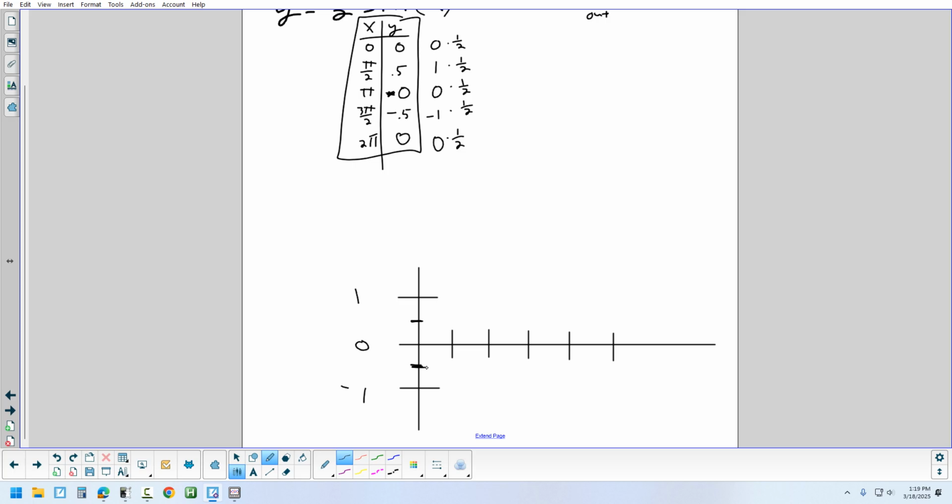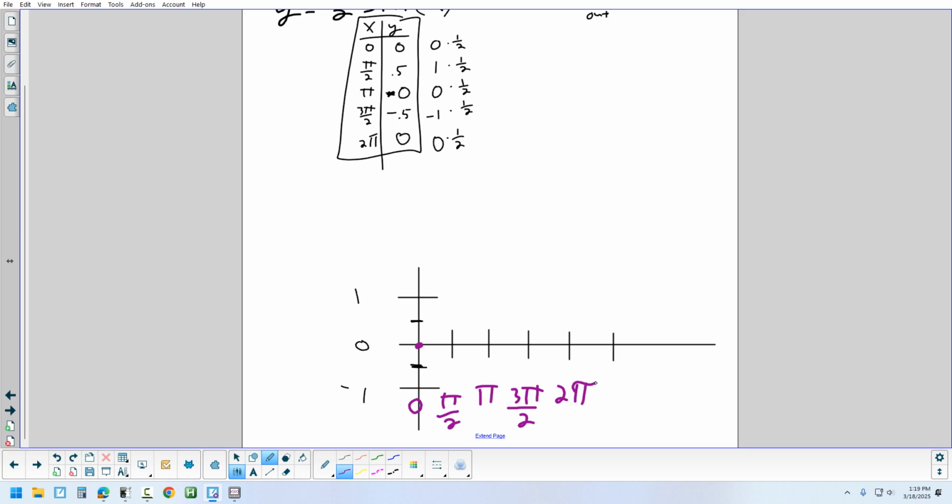Okay, so where is my first point? 0, 0. And then these I need labeled. Yes. If you don't label them, what do your tick marks always go by? 1. Right. This would be 0, 1, 2, 3, 4, 5. And we're not going by ones on the x-axis.